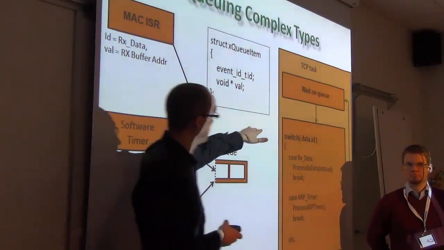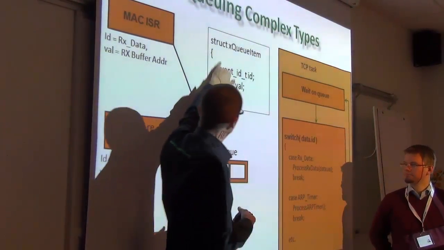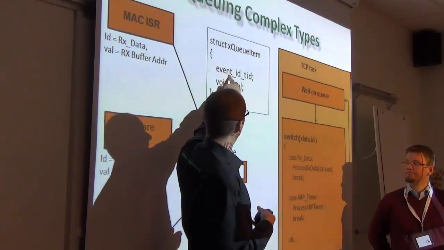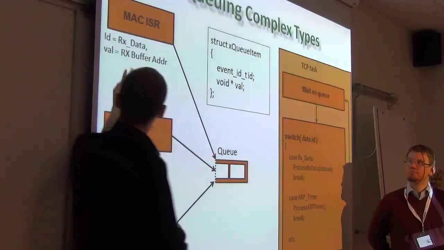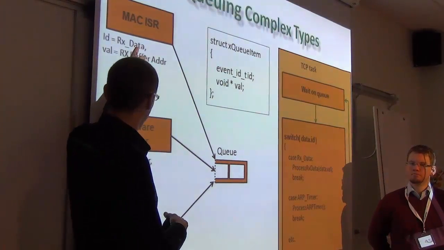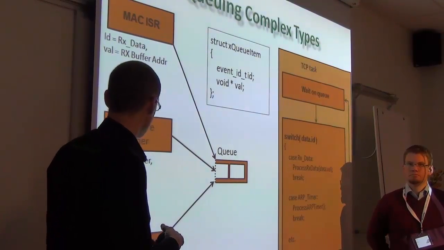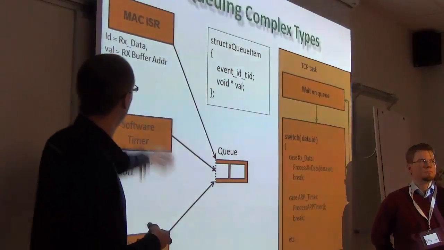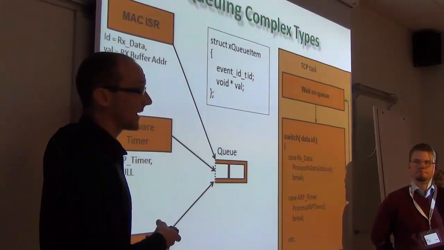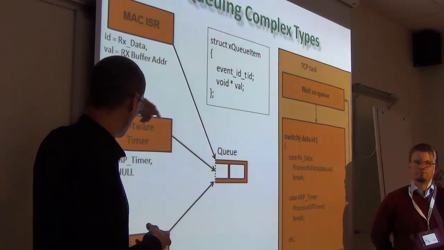So the TCP/IP stack waits on a queue, and it receives structures like this. First is the event ID, which might be received data, it might be ARP timer, it might be application TX, transmit, and then it has a second parameter, which is the value. If it's receiving data, the value is set to the buffer that contains the data.